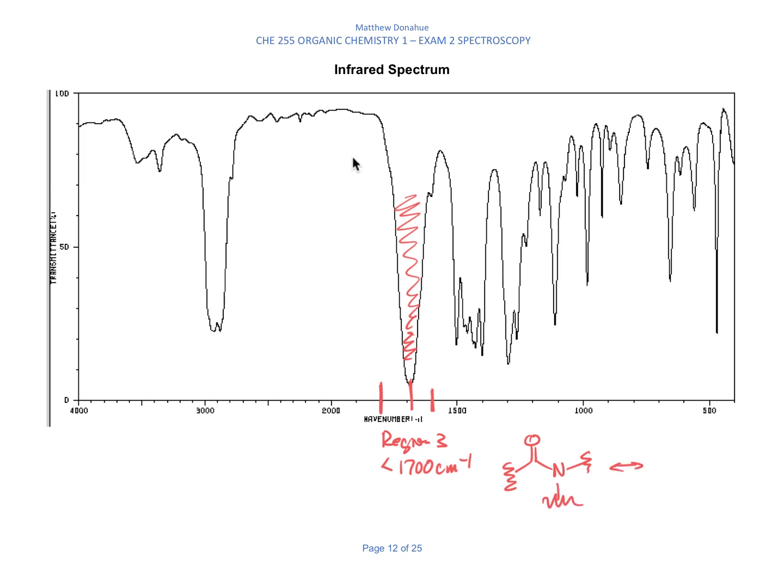And that is because the amide has resonance, and that's the only one that's less than 1700. So there's 3 atoms, C, N, and O, that we can use to help us. Again, these are heteroatoms.